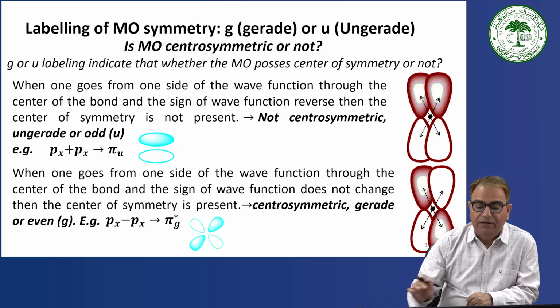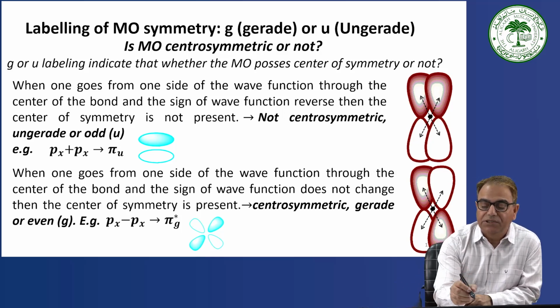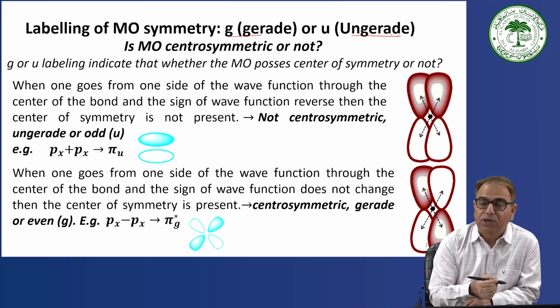The labeling of these molecular orbitals is also done in terms of symmetry, as gerade and ungerade, whether the molecule or the molecular orbital is centrosymmetric or not. To find out, you look at the molecular orbital and find the center of the molecule.